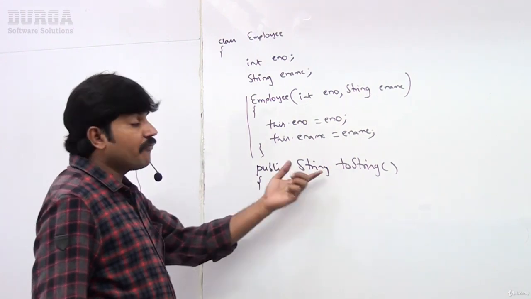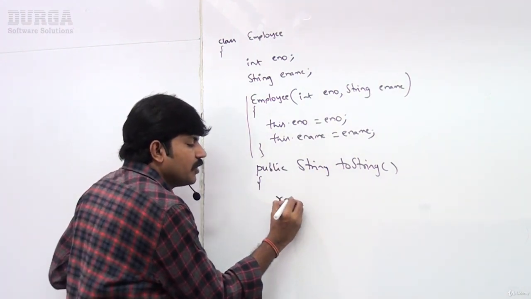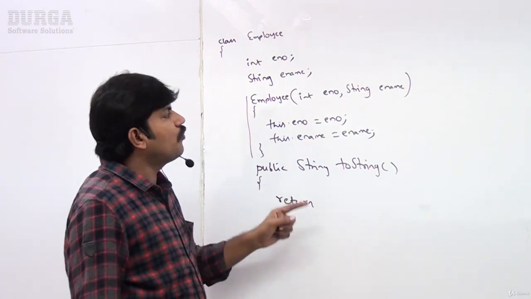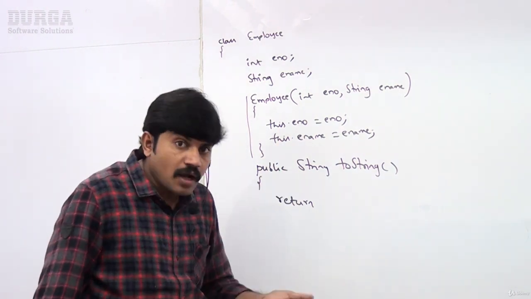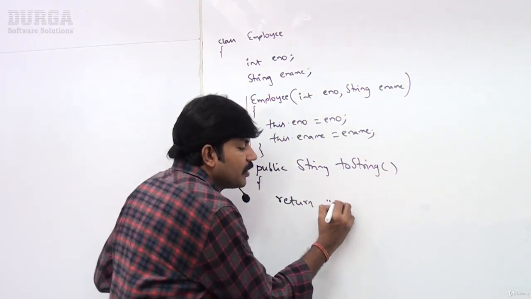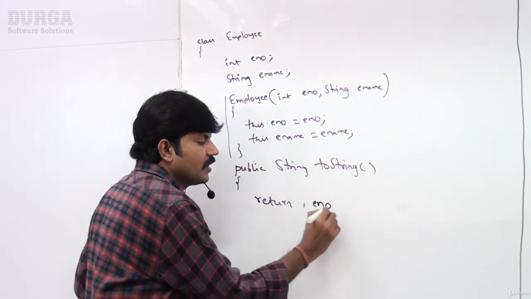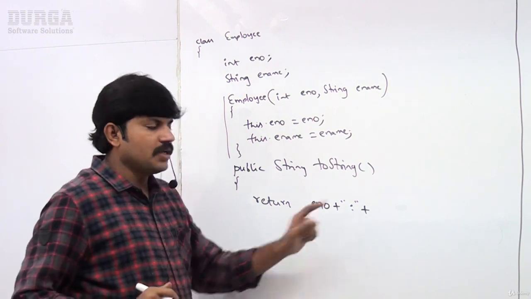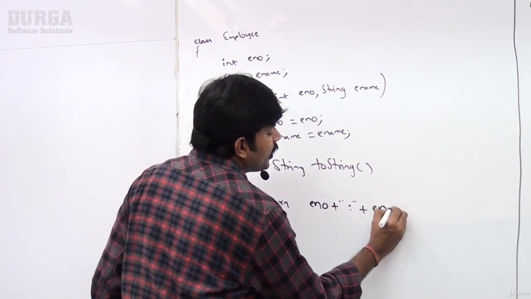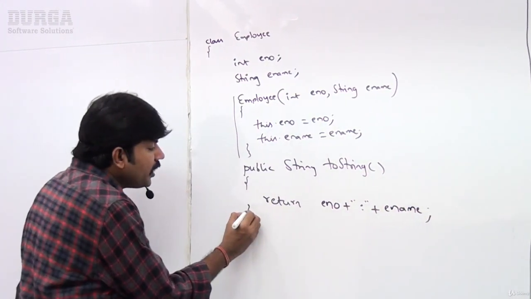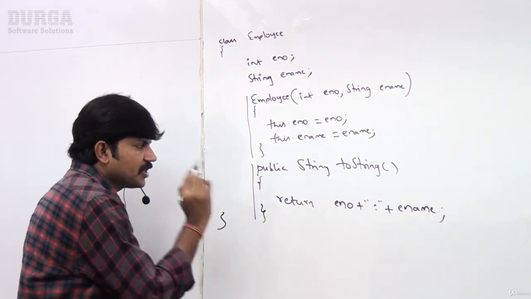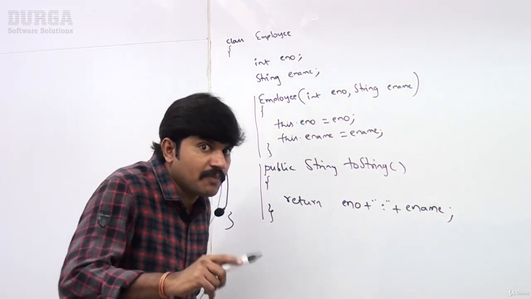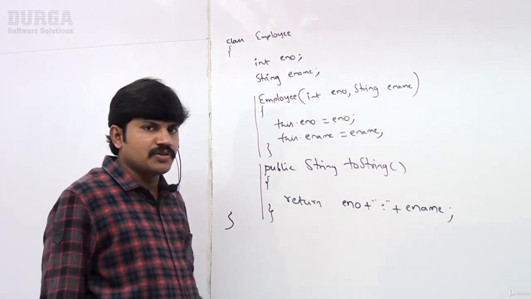It returns enum plus colon plus ename. If you print an employee object, then the toString method comes into the picture.